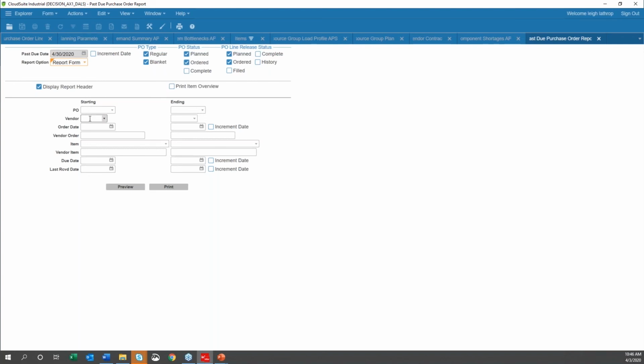And I could run it by vendor, I could run it by item, and I could get all of the purchase orders out there, including blanket orders, to show me the listing of all of the open orders for a supplier.